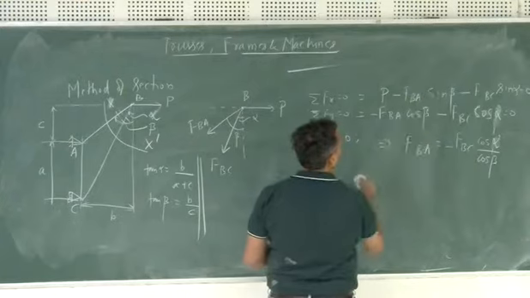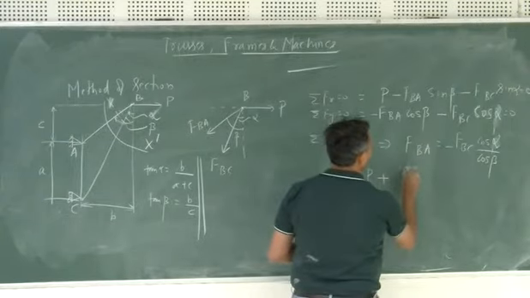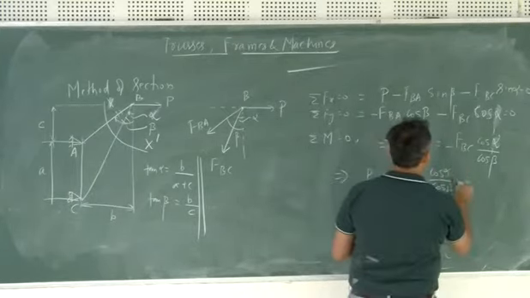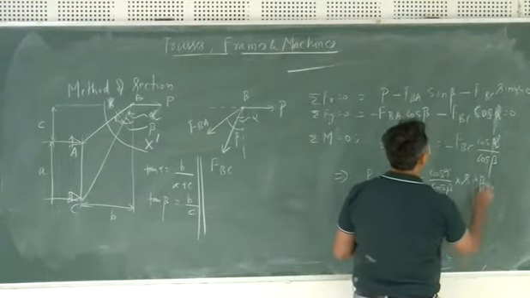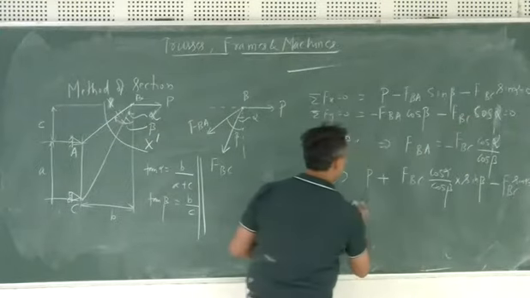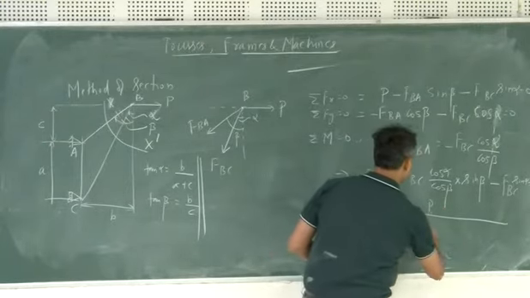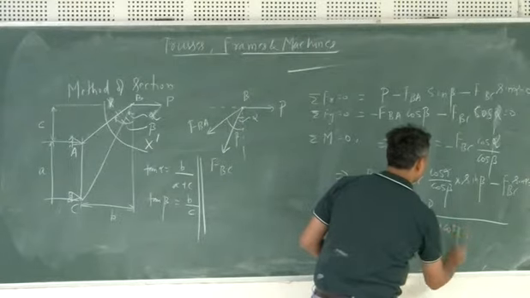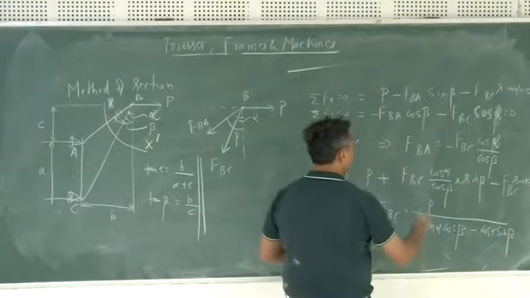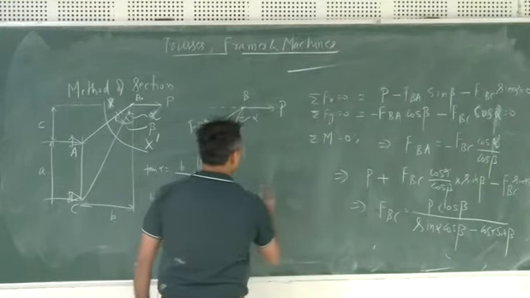Afterwards, when you substitute this, summation of F plus FBC cos alpha cos beta minus FBC equals sine alpha cos beta minus cos alpha sine beta, and we will have cos beta on the upper side. So this is what will give you FBC.